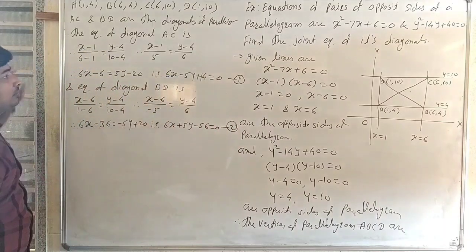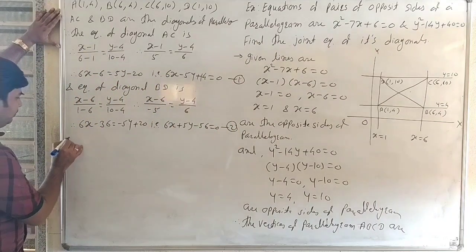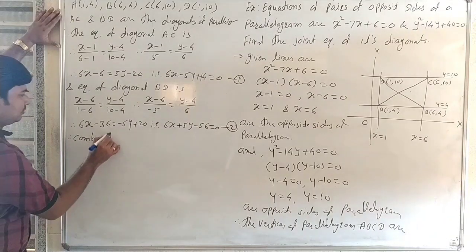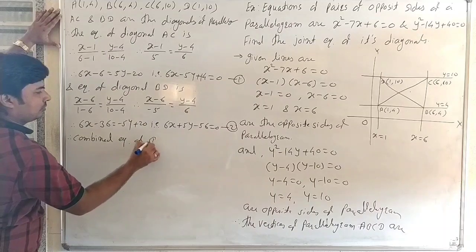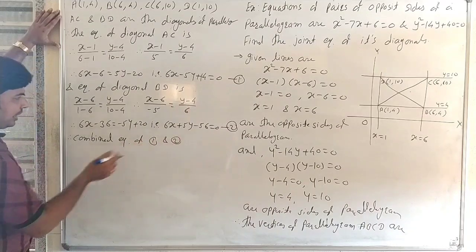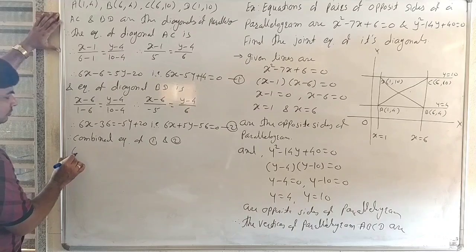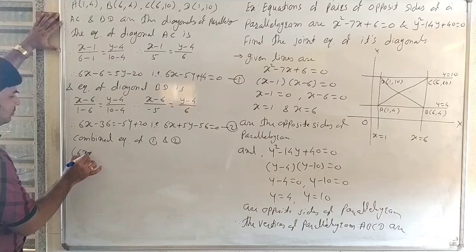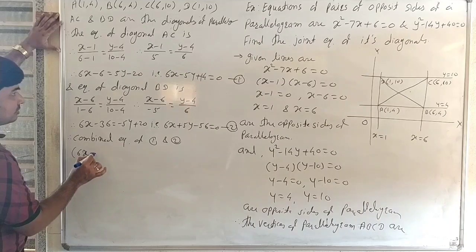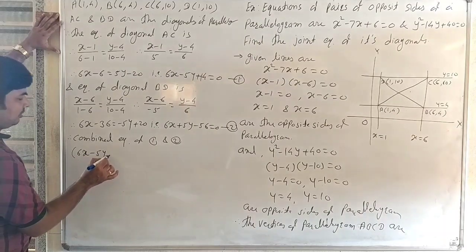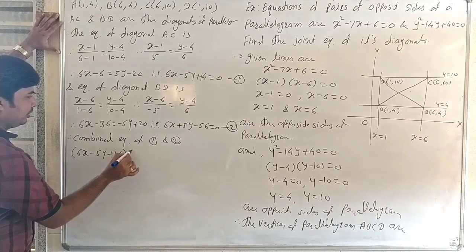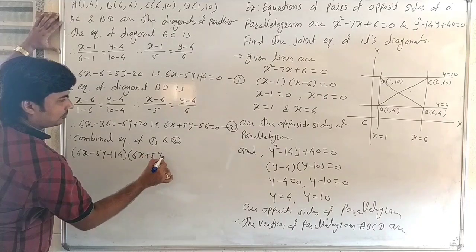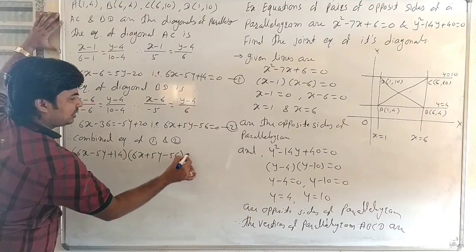And now we find the combined equation of equation number 1 and 2. The combined equation of the diagonals is 6x minus 5y plus 14 into 6x plus 5y minus 56 equal to 0.